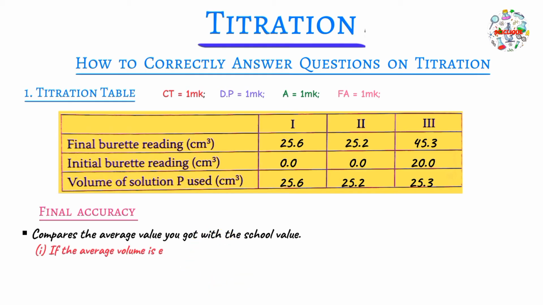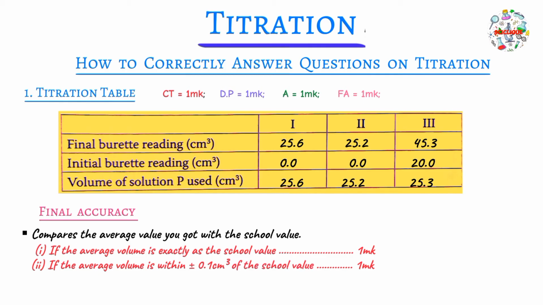If the average volume is exactly as the school value, you get 1 mark. If the average volume is within plus or minus 0.1 from the school value, you get 1 mark. If the average volume is within plus or minus 0.2 from the school value, you get half a mark. But if the average volume is more than plus or minus 0.2 from the school value, you get no marks.